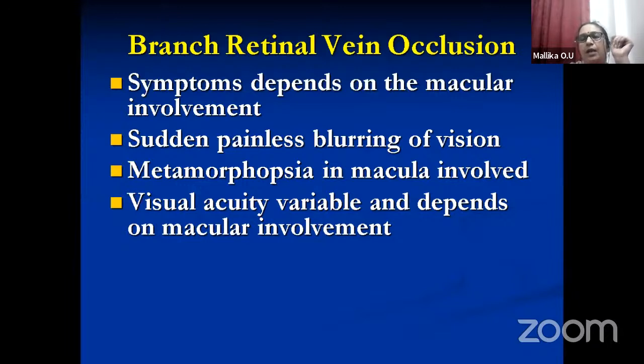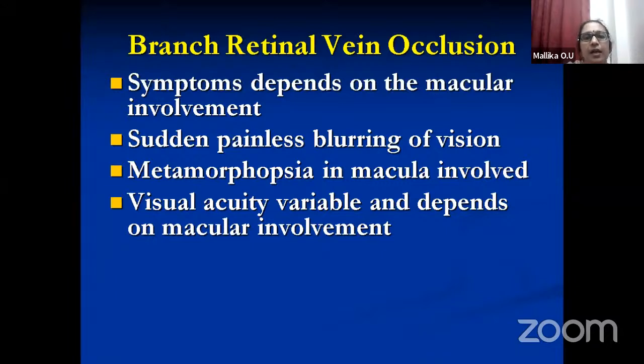So whenever the arteries are thickened, as in patients with hypertension or atherosclerosis, wherever the arteries cross the veins, they will compress. The arteries lie over the veins, and if thickened at the AV crossings, the arteries can compress the veins and lead on to branch retinal vein occlusion.